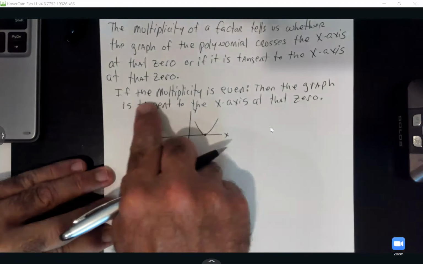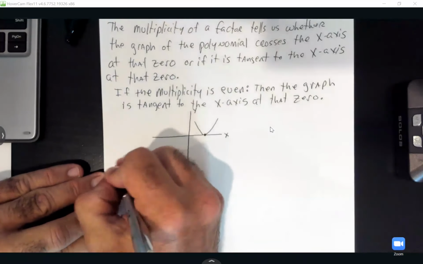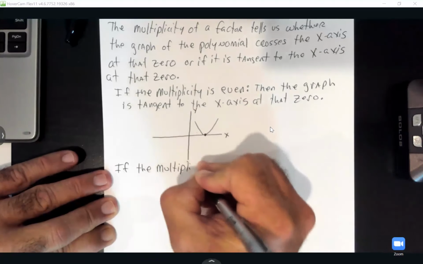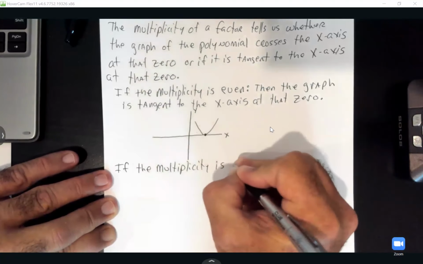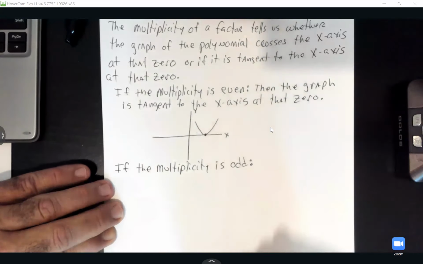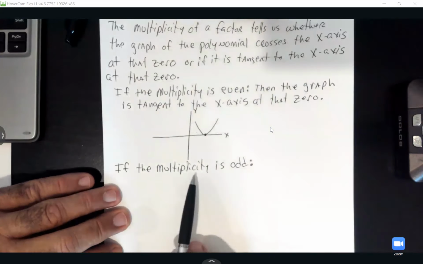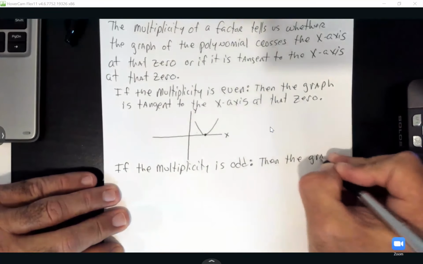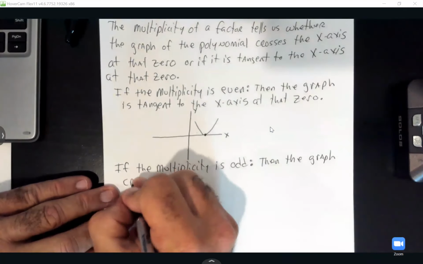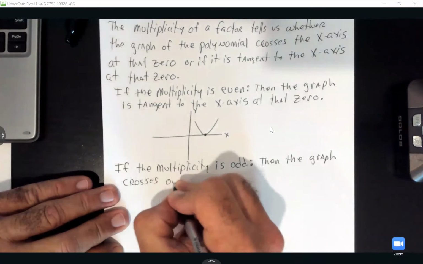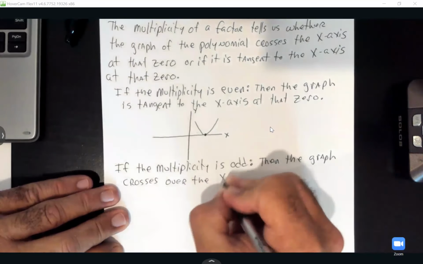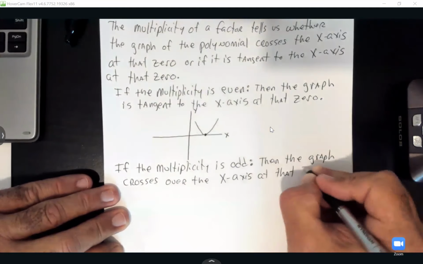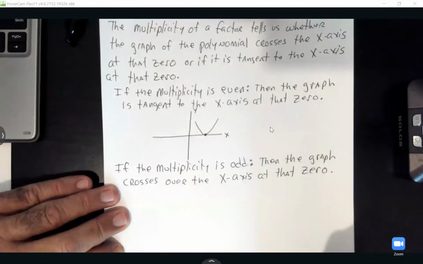So what was our second choice? If the multiplicity is odd. So y'all, if the multiplicity is odd, then the graph crosses over the x-axis at that 0.